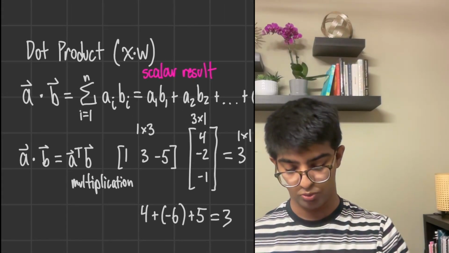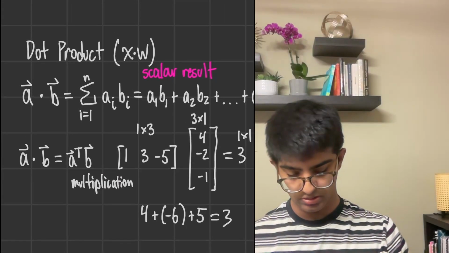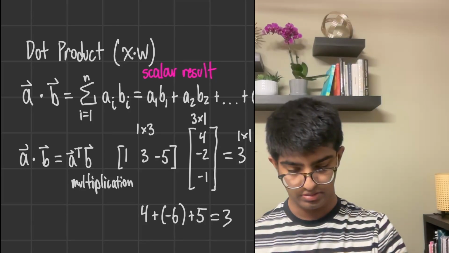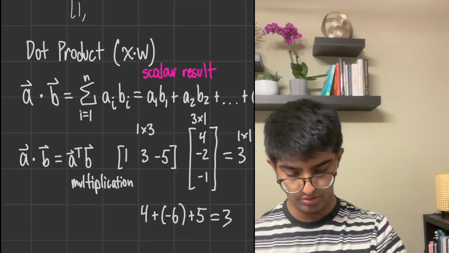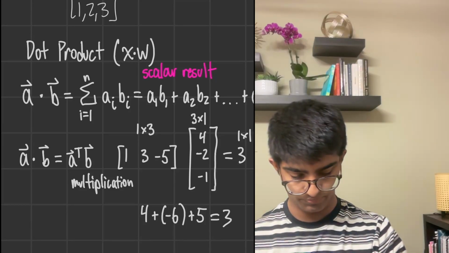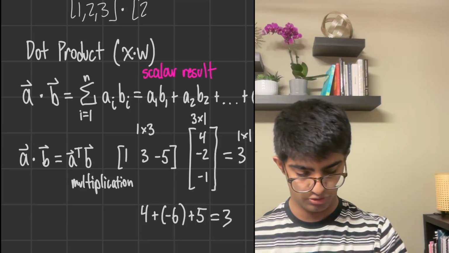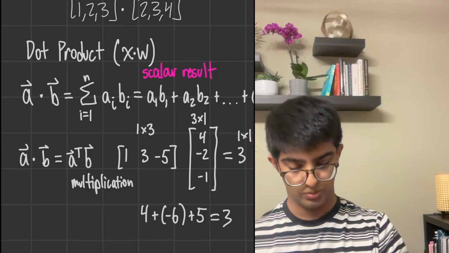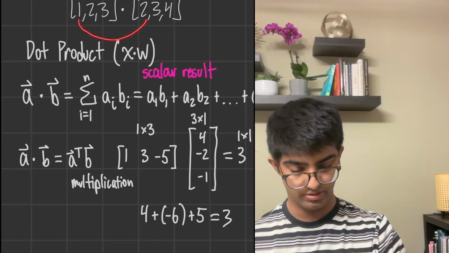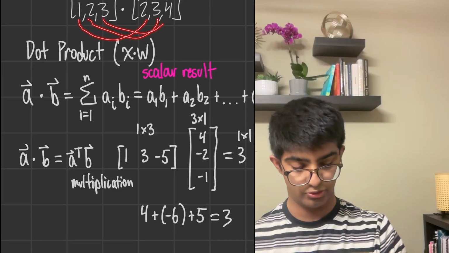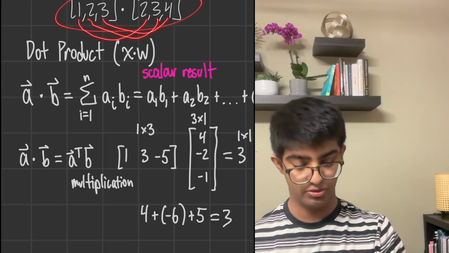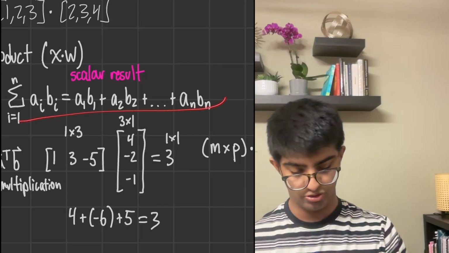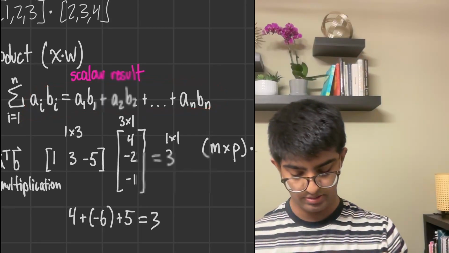So how the dot product works is we sum up the values of, for example, if we had a vector 1, 2, 3, and we had another vector 2, 3, 4, what we're doing basically is we're multiplying this with this, this with this, and 3 with 4, and then adding up the values so that we get a scalar result. And this is what that basically represents.